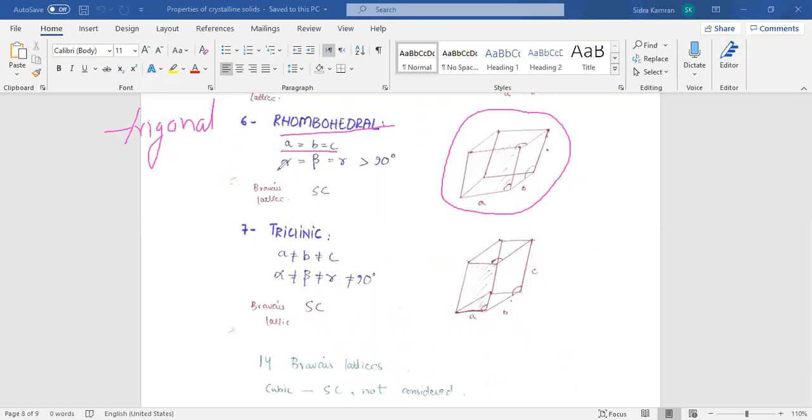Angles alpha, beta and gamma are slightly greater than 90 degrees, because the lines are not at right angles. They have some deviation from the 90 degree angle. This angle is not 90 degrees, a little bit of change in the angle. So a little bit higher than 90 degrees.